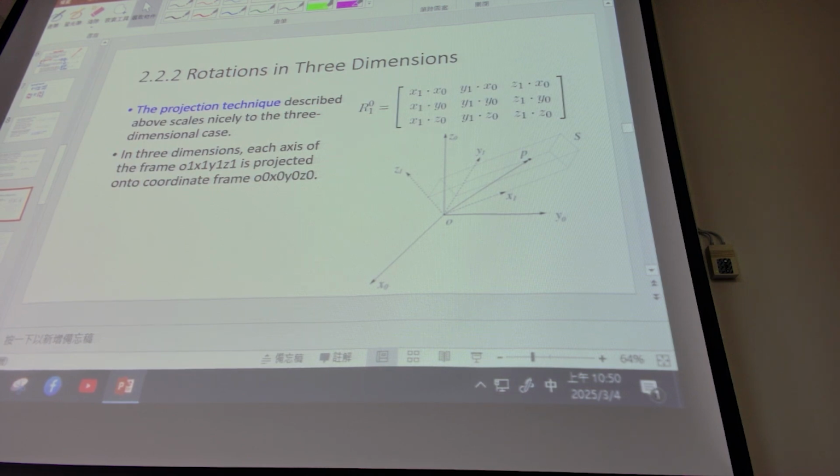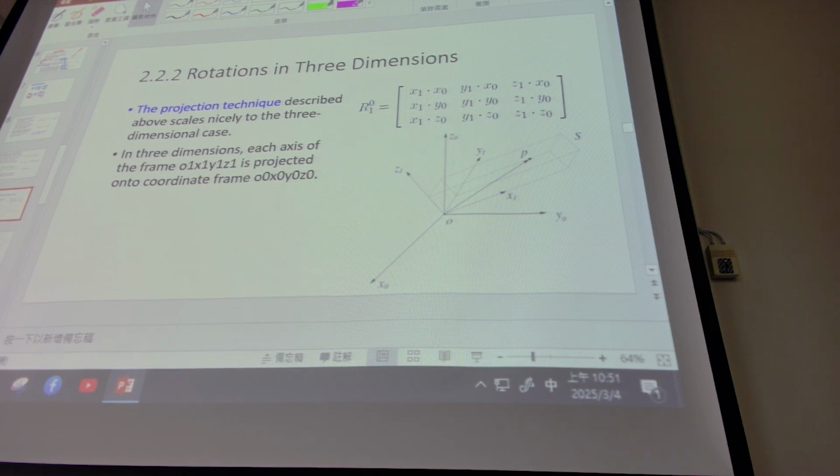If we have a 3x3 matrix, you can describe wherever you sit in space. For example, there is a rectangle in the figures. You can describe it in frame 0, but if you want to describe it in frame 1, the rotation matrix can transfer every point, every vector, from the rectangle.